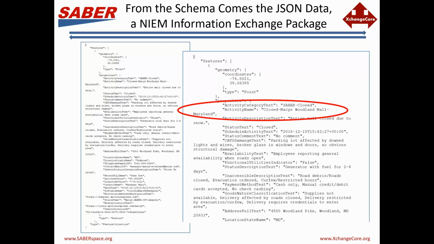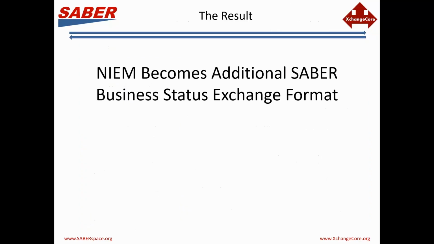It means the address. And when I then push that information around in this information exchange package, there we go. We have an activity name. It's closed Macy's Woodland Mall in Maryland. And all the other information associated with that sentence is included in that JSON NIEM information exchange package. Whew. That's how you get to having this NIEM exchange. We've finally now gotten to the actual data and the sentences.